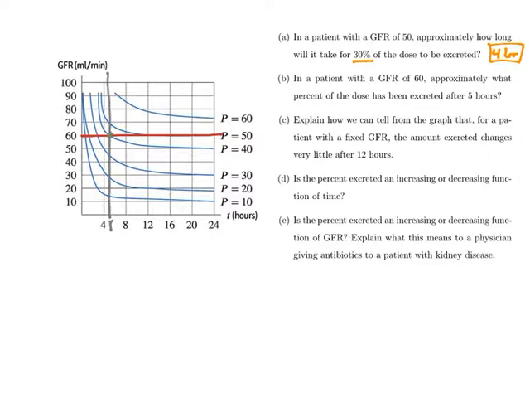Where do those two lines intersect? That's going to be on the line P equals 40, or 40%. Basically, this is asking for the function value. This is what is P of 5, 60. The time is 5, the GFR is 60. What is that percent?